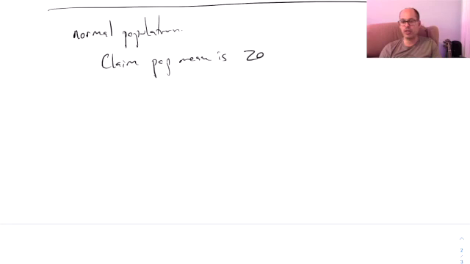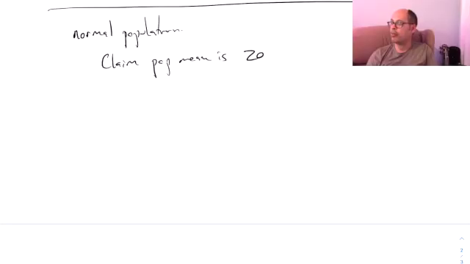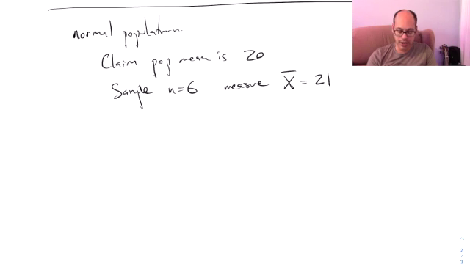So what do we do? We close our eyes, we reach into a box of these screws, we grab, say, 6 screws. We sample with n equals 6, and we measure a sample mean of, let's say, 21, and a sample standard deviation of, let's say, 1, for example.